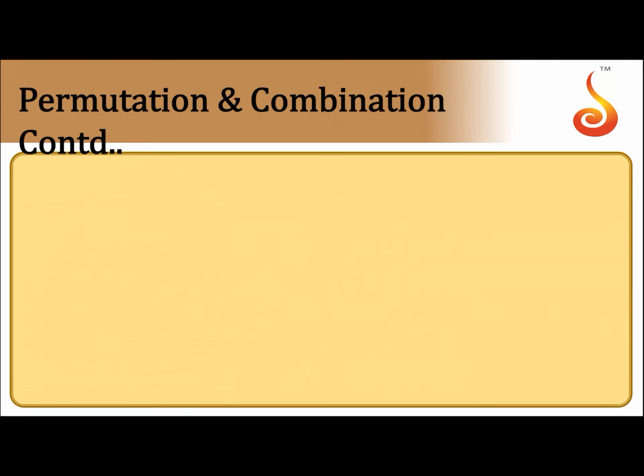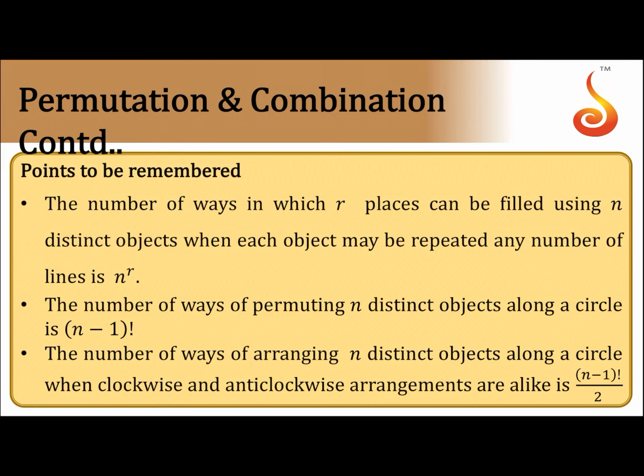Coming to restricted combinations, some important points to remember. The number of ways in which r places can be filled by using n distinct objects, each object may be repeated any number of times, is n power r.